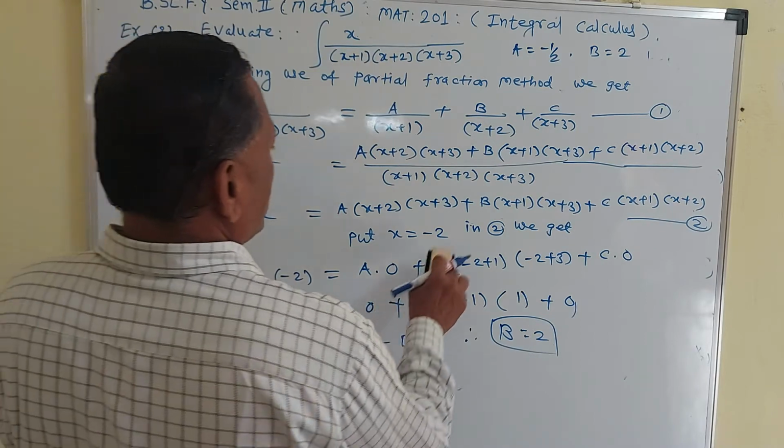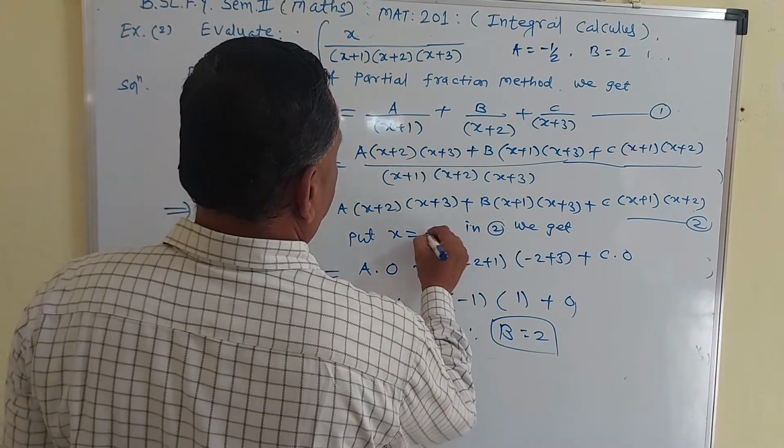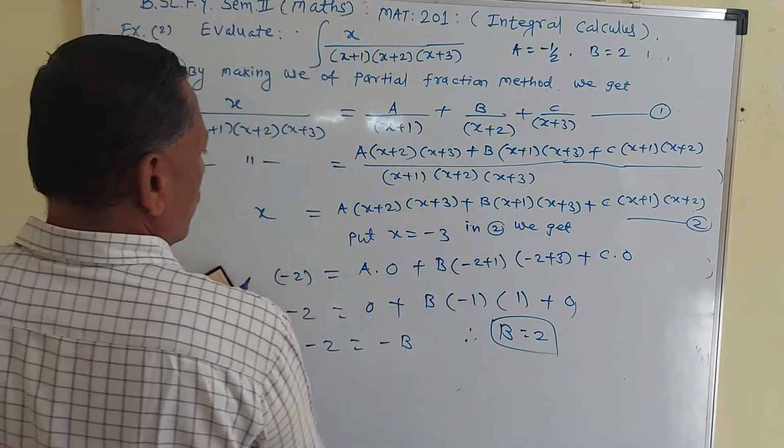Put x is equal to minus 3. What do we get?